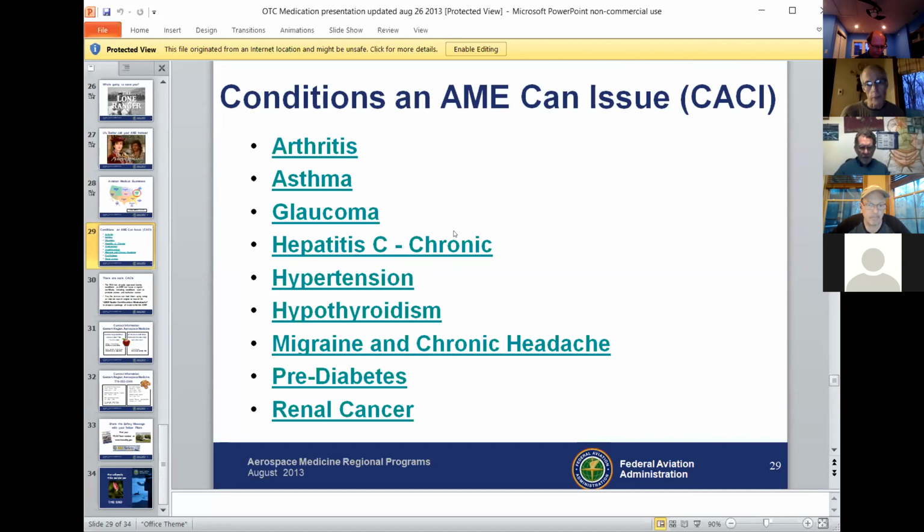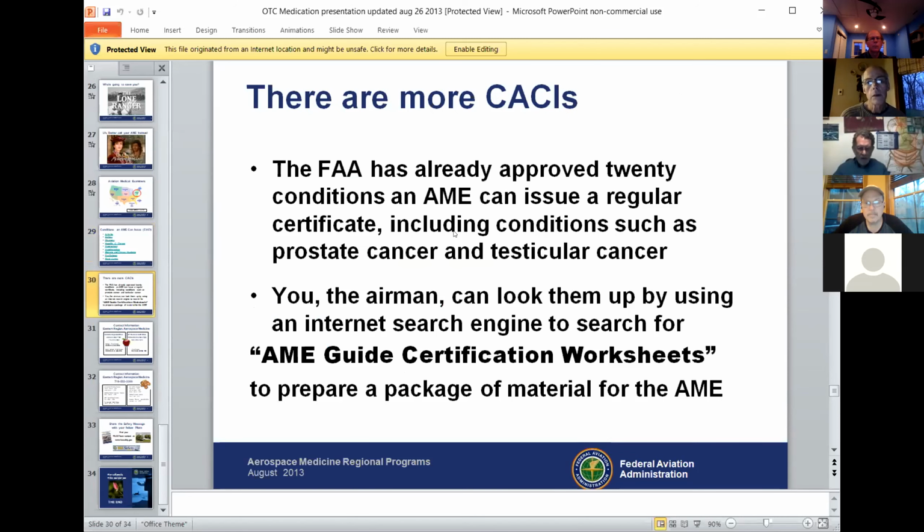If you go to your aviation medical examiner with a complete report from your treating physician, and there's a worksheet associated with each of these conditions, and the worksheet algorithm items are complied with, then the aviation medical examiner can issue the medical certificate. 20 conditions, can issue a regular certificate. It's significant things like prostate cancer. And you can find these things in the guide.